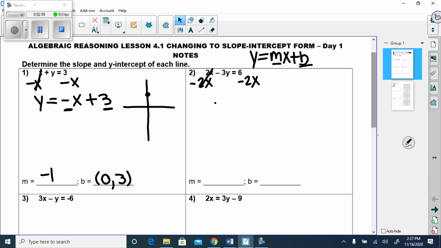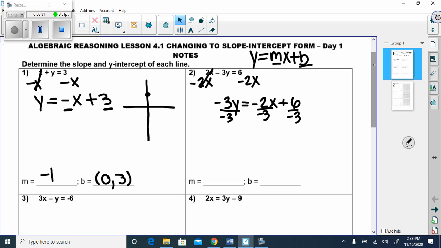And then I have negative 3y equals, do I want to put the negative 2x or the 6 first? Negative 2x. And then I'll have a positive 6. Okay, am I supposed to have a number in front of y? So how do I get rid of it? We divide it. It's being multiplied, so we divide it. But if I divide this by negative 3, I also have to divide everything else by negative 3. So this piece and this piece.